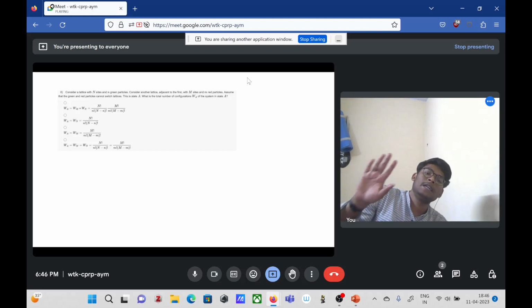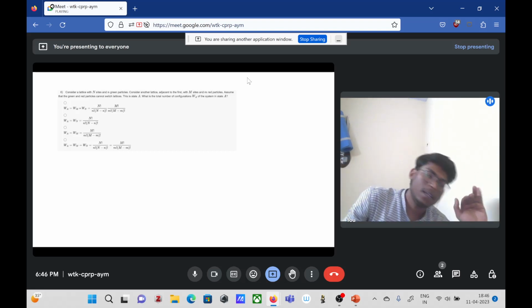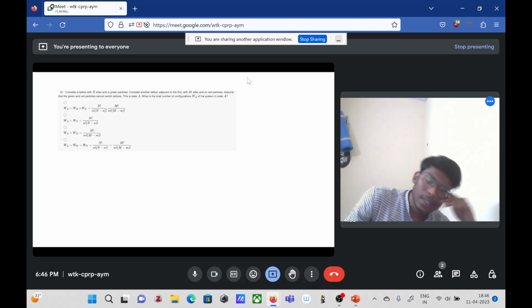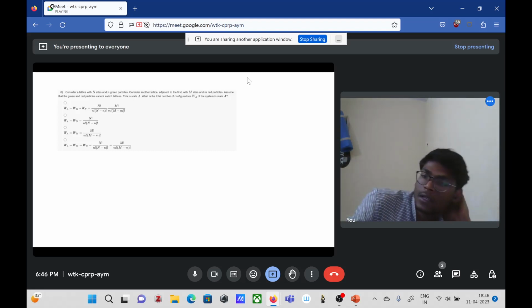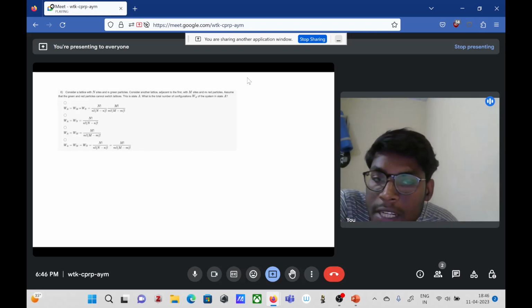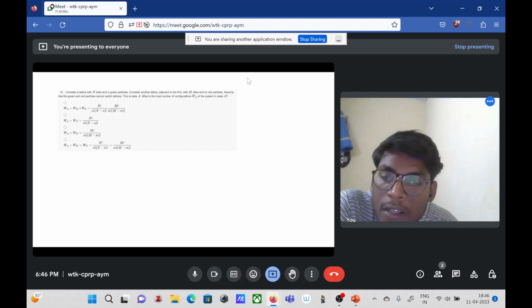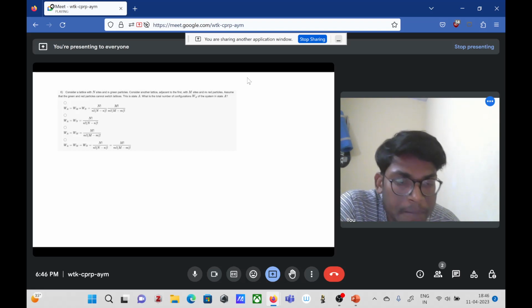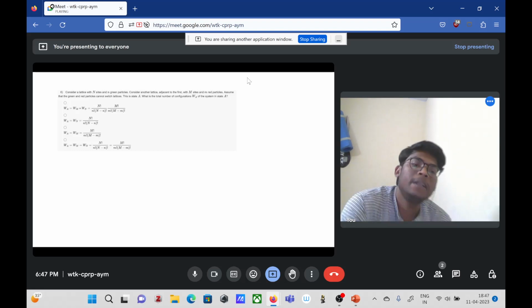So what is given for red particles is there, what is given for green particles is also given. The problem is, this is state A, the described state. What is the total number of configurations WA of the system in state A? So we have to calculate the total number of microstates or configurations. It is pretty easy. Just take 4 to 5 minutes.